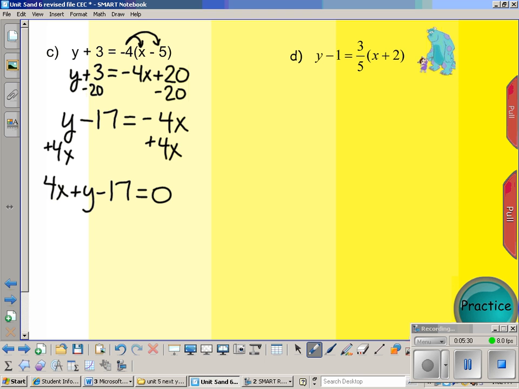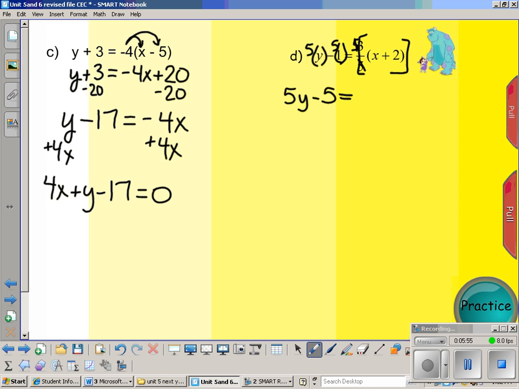Those are considered together, and eventually you will distribute the term out in front, so we do not multiply 5 into that bracket. So we multiply 5 to the y, to the 1, and then to the entire right side all at once. So we end up with 5y minus 5 equals.